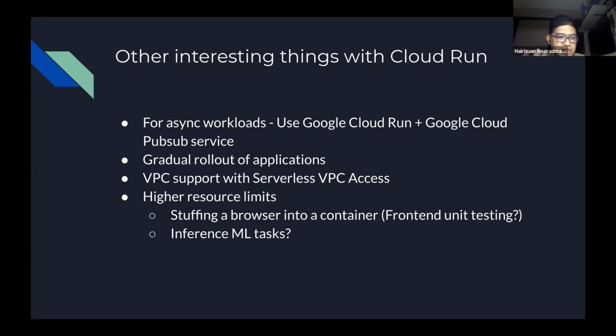There are also higher resource limits: now there are 2 CPUs available for Cloud Run. Hopefully there'll be more in the future, but now you can do more interesting things like stuffing a browser into a container, or doing machine learning inference tasks. With that, I come to the end of my sharing. I'll just stop sharing here.